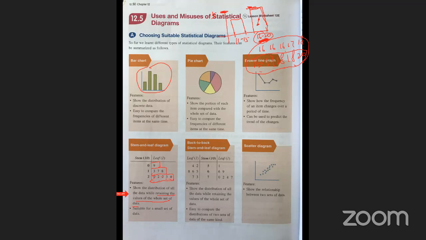Therefore, if you imagine there are lines here like that, actually it looks quite similar to a bar chart. But the difference between a bar chart and stem and leaf diagram is that we can retain the values of the data in the stem and leaf diagram, but bar charts cannot.